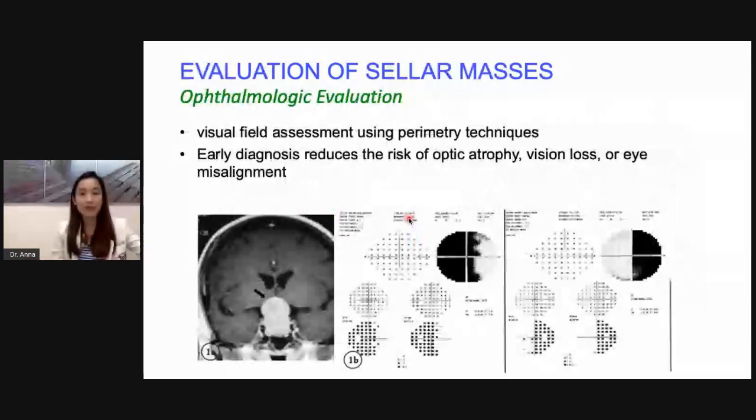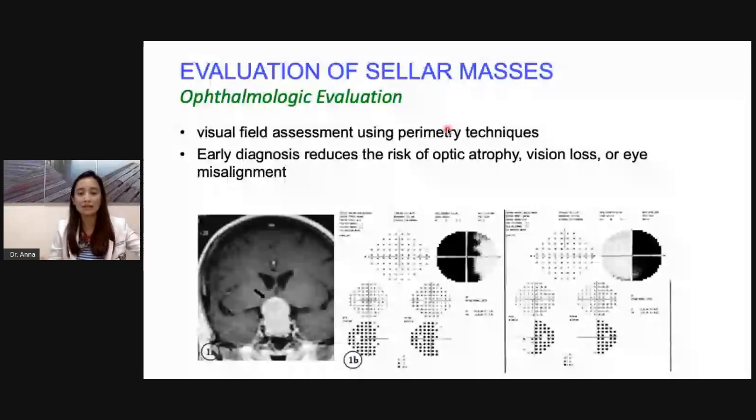So what are the ways of evaluating sellar masses? Because of the very close relationship of your pituitary to your optic chiasm, it's very important to have an ophthalmologic evaluation, and we usually do this in the clinic through visual assessment. Remember the maneuver where you do this and you do this, and then objectively you can do perimetry.